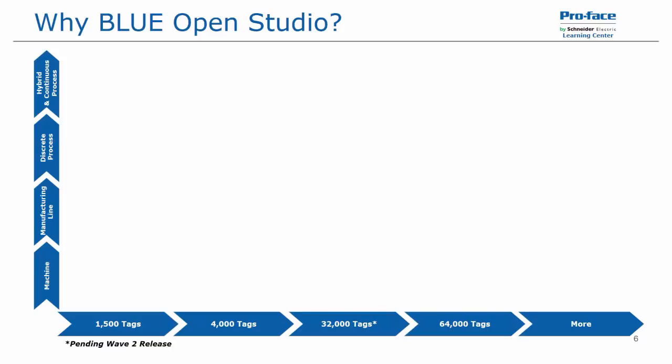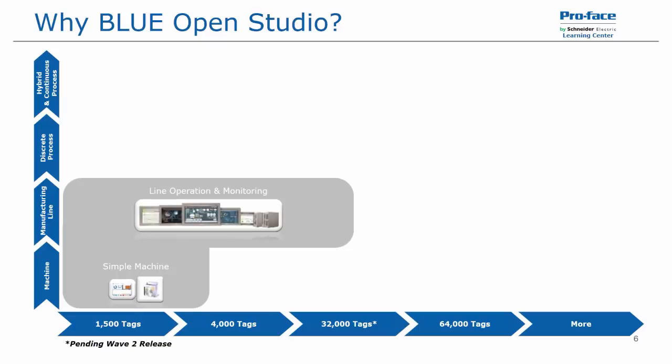However, that could also lead to some confusion when it comes to determining what configuration to use for the software. Let's say, for example, that we have an application that requires several monitoring stations, one master operator control, and a server collecting all the information. For the operating stations, it would be something similar to a simple machine, which could be anything from the 1500 tag to possibly the 4000.